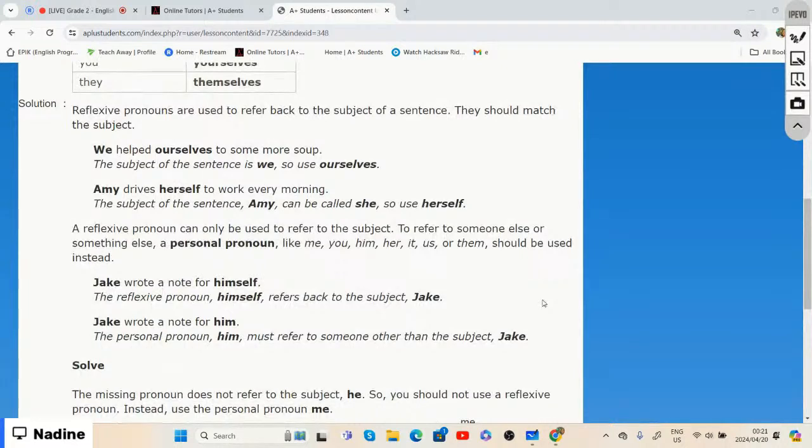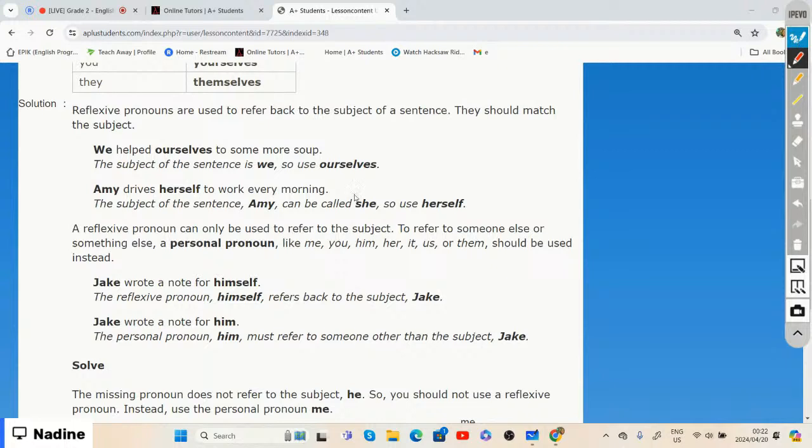For example, if you say Jake wrote a note for himself, Jake is a he, which is a boy. So Jake wrote a note for himself means it's like he wrote a note for him. It's like me writing a note for myself. That is what he did.